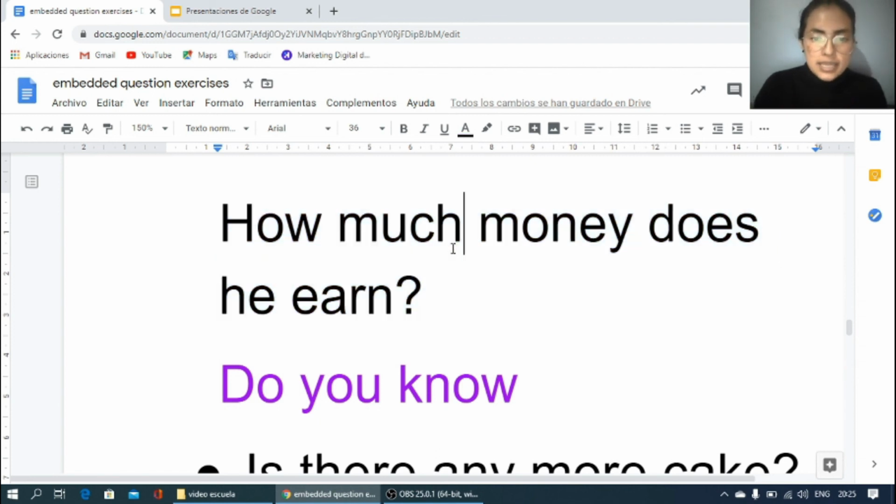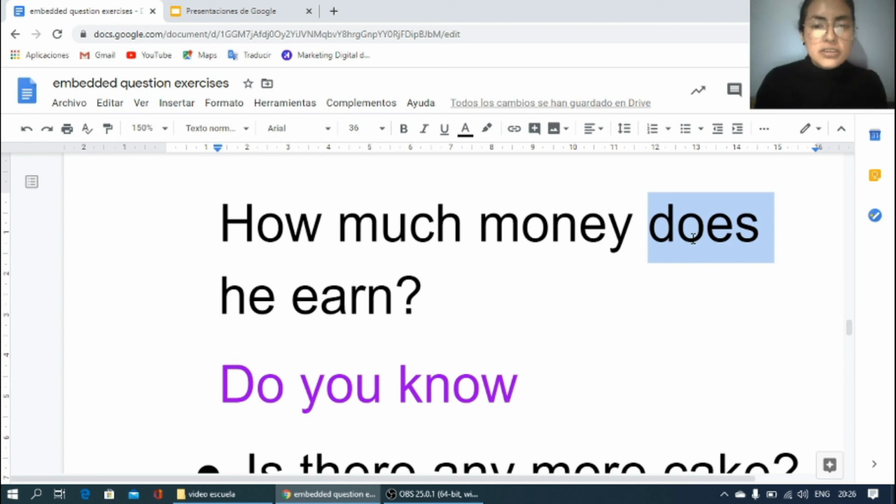In this case, you have to use first an introduction, then the same question like a sentence. La misma pregunta, pero como una oración. Okay? In present simple, you use does, auxiliary does for the third person, he, she, and it. Okay?